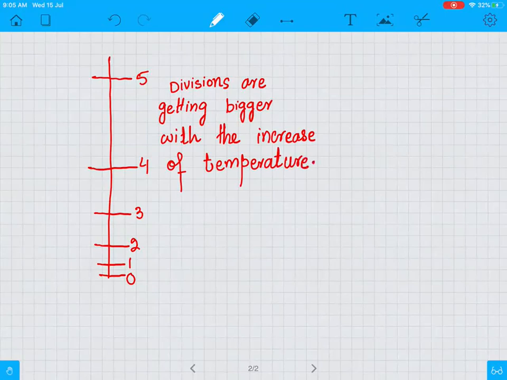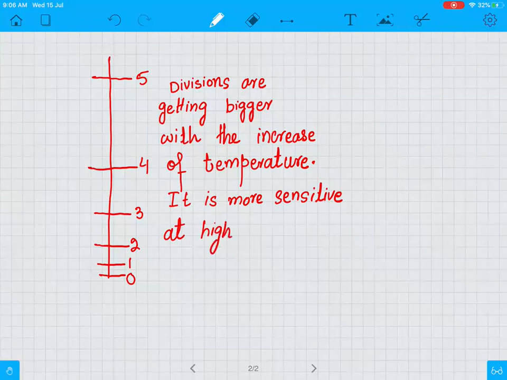We can say that it is more sensitive. It is relatively more sensitive at high temperature. So this type of thermometers are designed to be used in a region of high temperature. An instrument must be more sensitive in the region where it is supposed to be used.